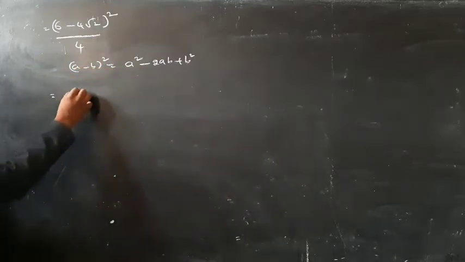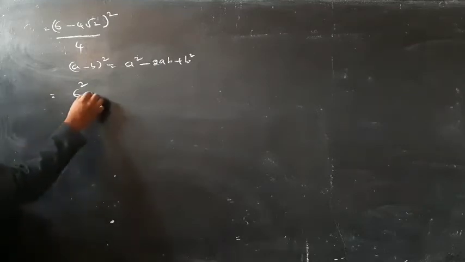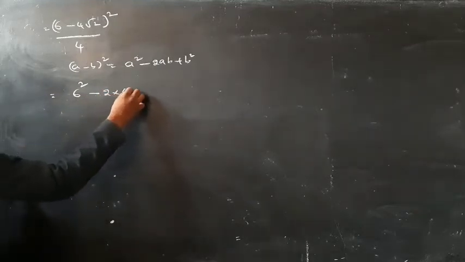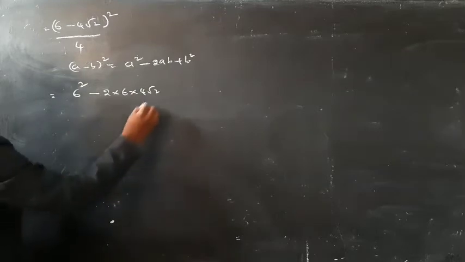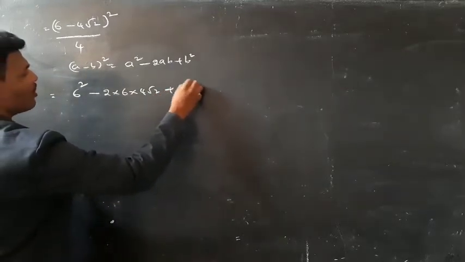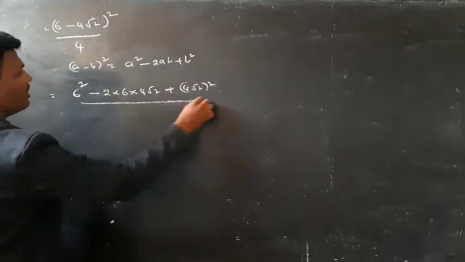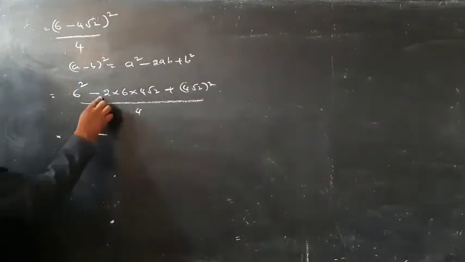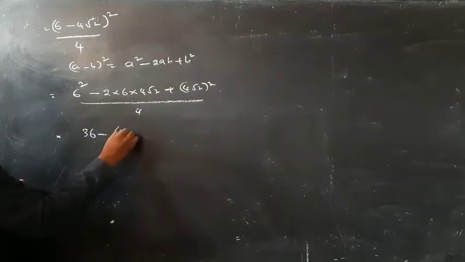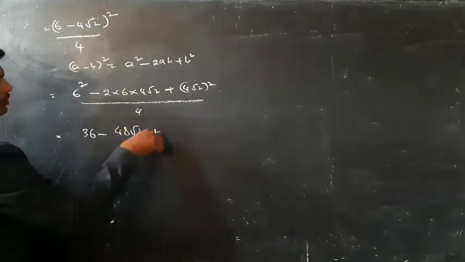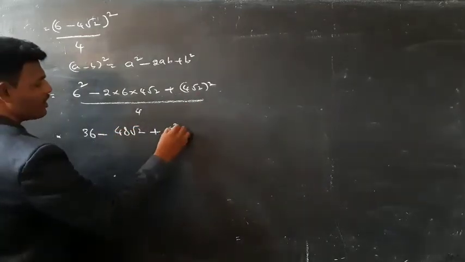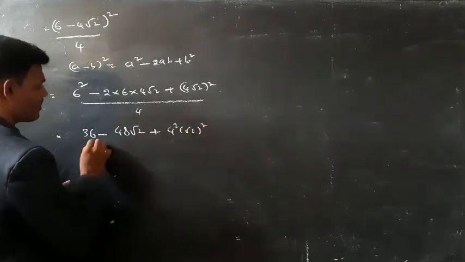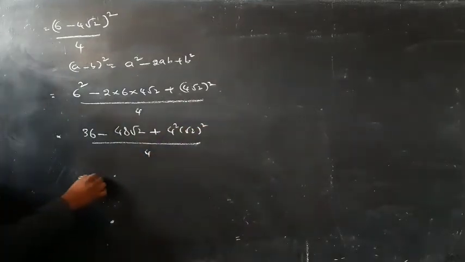Here a square means 6 square, minus 2ab means 2 into 6 into 4 root 2, plus b square means (4 root 2) whole square, by 4. Here 6 square means 36, 2 sixes are 12, 12 fours are 48, 48 root 2, plus 4 square into root 2 whole square, by 4.